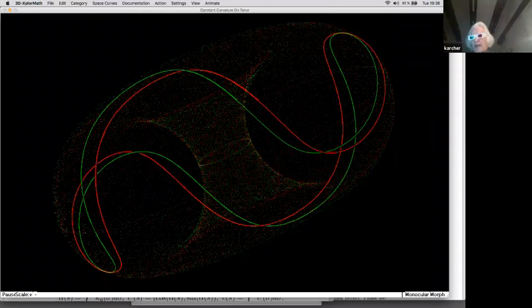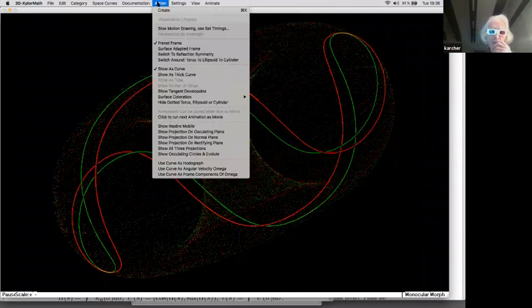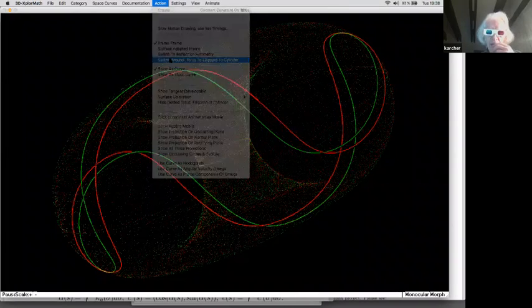And in this way, I get these oscillating curves oscillating up and down from the equator. And they also exist on these other surfaces, sorry.